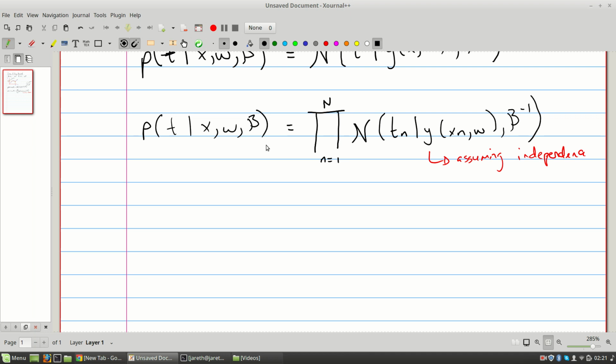That's the idea behind multiplying all these normal distribution variables.